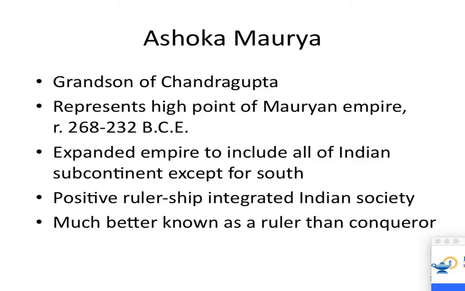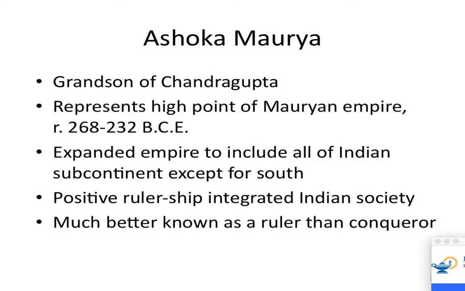Now you have Ashoka. Now Ashoka is a very big deal. He is the most important of the Mauryan leaders. Ashoka is the grandson of Chandragupta Maurya. He is the most important ruler, and he is the classical man.